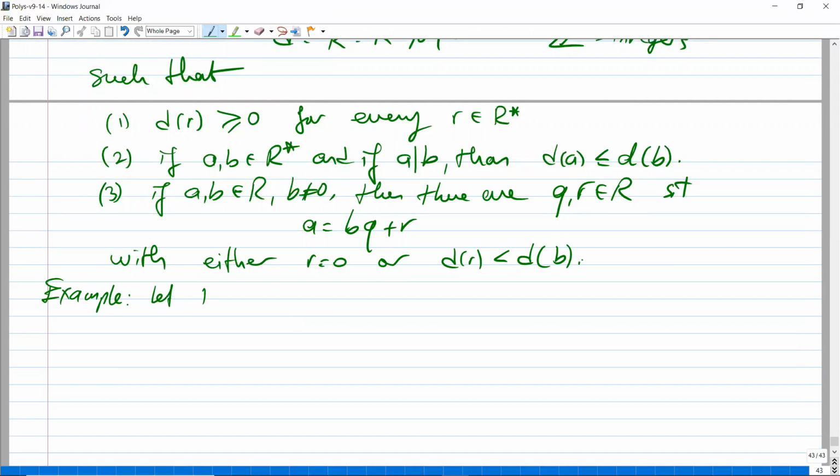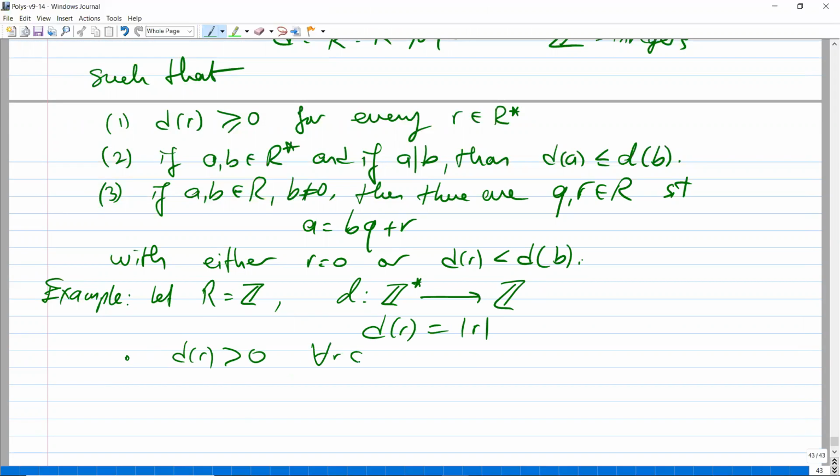Let's take R to be the integers, and let's define d from Z star, non-zero integers, all integers except 0, to Z. Let's define d of r as the absolute value of r, so that d of r is greater than or equal to 0, but it's greater than 0.